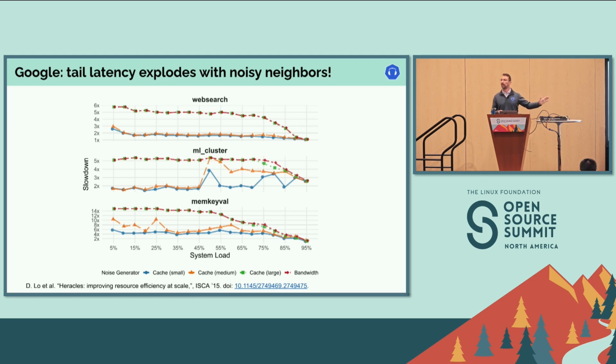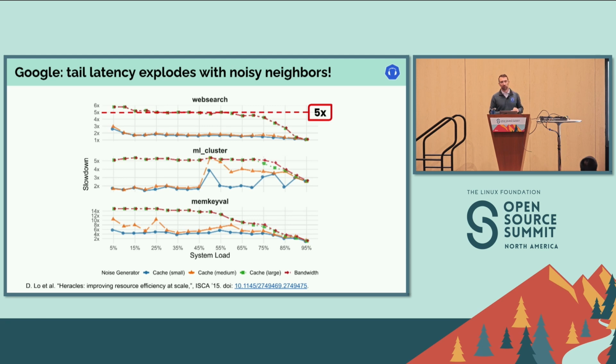So Google ran this test on their workloads. These are production Google workloads. And they ran synthetic noise generators in DRAM, memory bandwidth, and cache. And they found that for web search, which is the Google search node, slowdowns of up to 5 times.